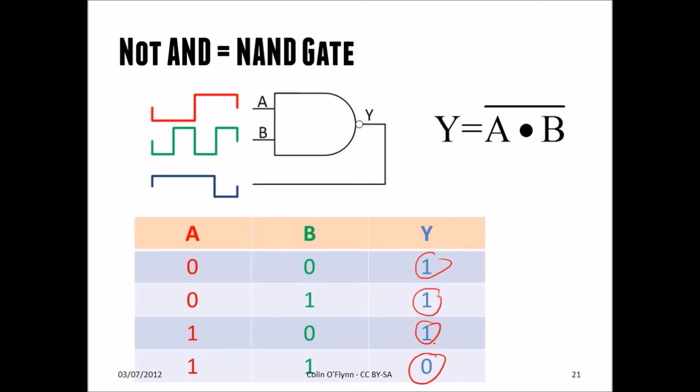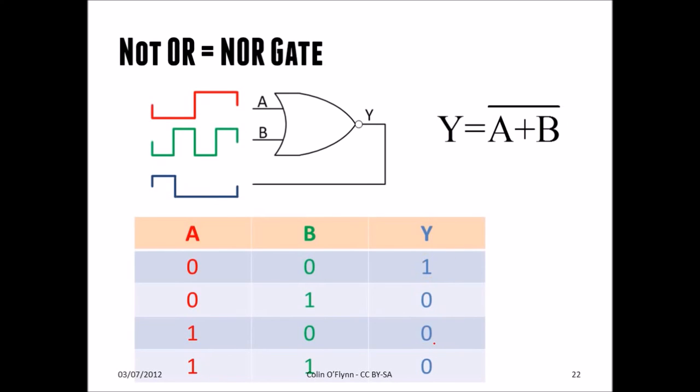In a similar way, we'll see the NOT OR gate, or the NOR gate. The NOT OR gate is in the same way as before, just the output here is inverse from the OR gate. So what you will find is that as long as the inputs are 0, the output's 1. If either input is 1, the output is 0.